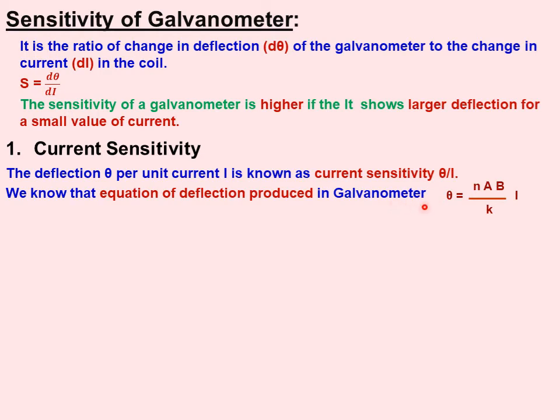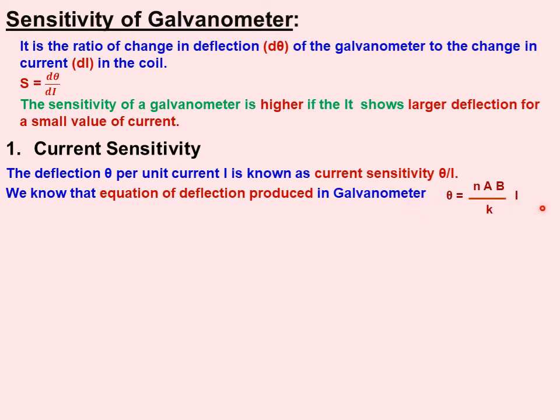But in the last expression of the galvanometer we have learned the relation between deflection produced and current. So we know that theta is equal to NAB divided by K into I, where theta is the deflection produced in the galvanometer coil, N is the number of turns of the coil, A is the area of cross section, B is the magnetic field applied, K is the torsional constant and I is the current flowing through the galvanometer.